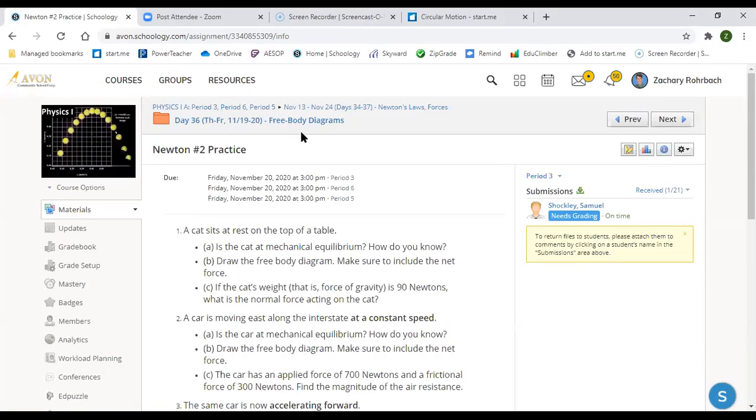Before you leave, let me double check attendance. Did Camille end up in here? Yes, she did. I thought I saw her. Okay, Shelby, are you in here? I don't see Shelby. Aiden, are you in here? No. Grant? Noah?